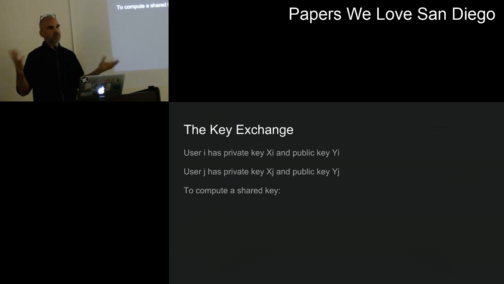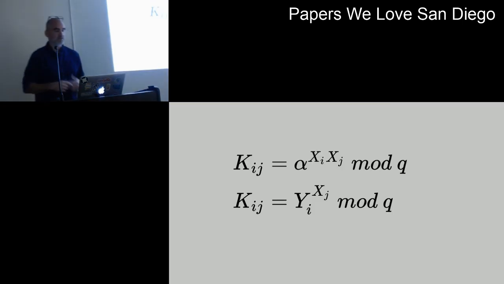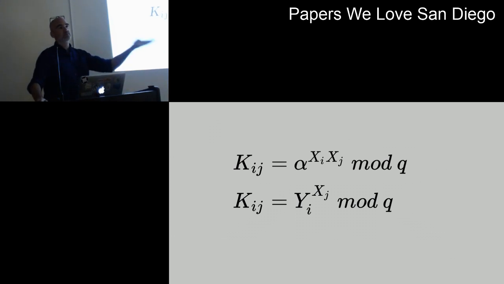So the basic idea here is that some user has generated their private key and a public key, and another user has generated a private key and a public key. Back in the days of symmetric cryptography, this would have been a hard problem to solve, because every conceivable pair of people who wanted to communicate would have to figure out some way to exchange a key. So what their scheme allows people to do is to do exactly that. Basically the way you do that is one person gets the other person's public key and they know their own private key, and vice versa.